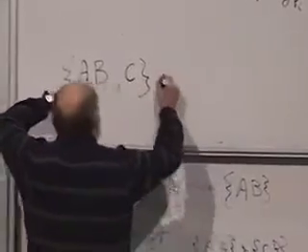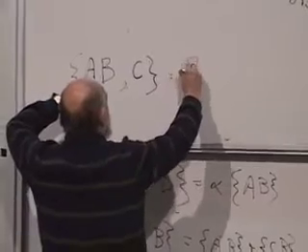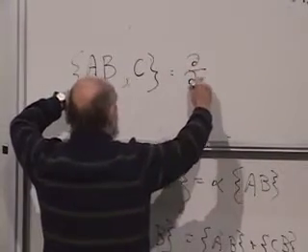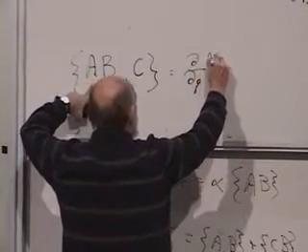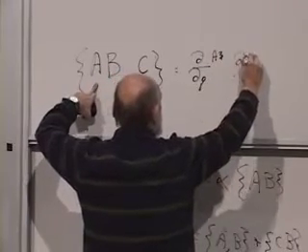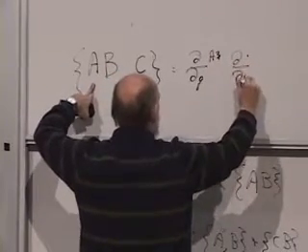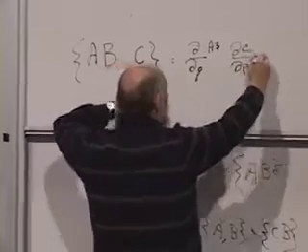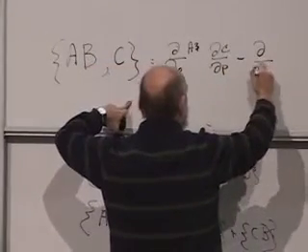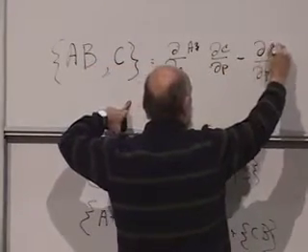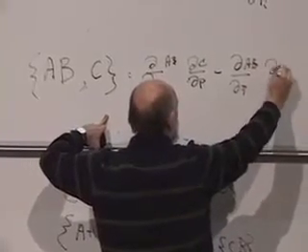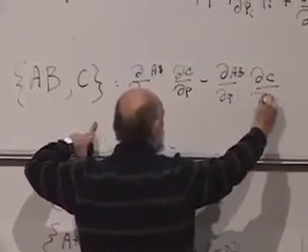What is this? This is equal to derivative with respect to Q of AB times derivative with respect to P of C minus the derivative with respect to P of AB times the derivative of C with respect to Q.